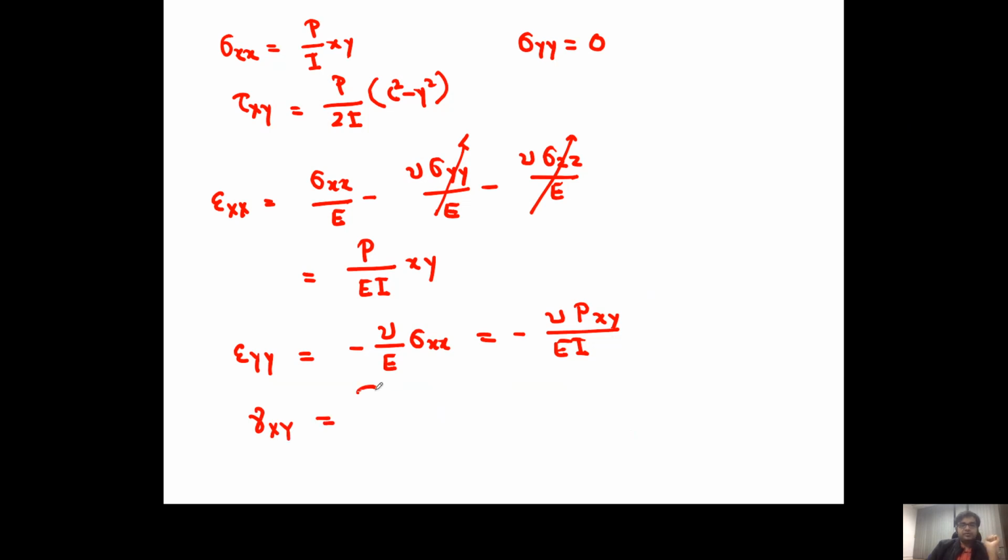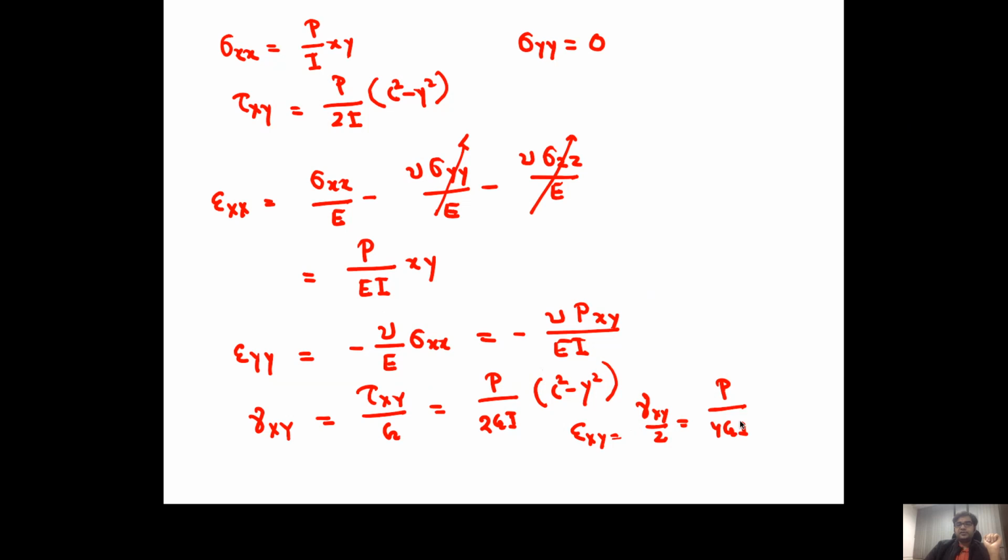Gamma xy is tau xy by G, which is P by 2GI (c square minus y square). One more thing, what is epsilon xy? That is gamma xy by 2. So that will become P by 4GI (c square minus y square).